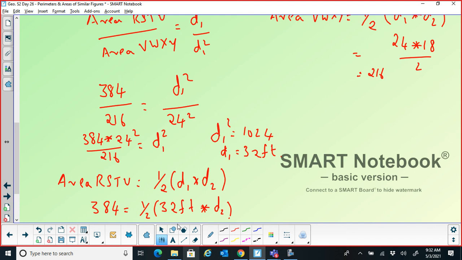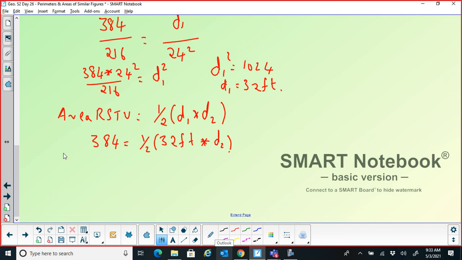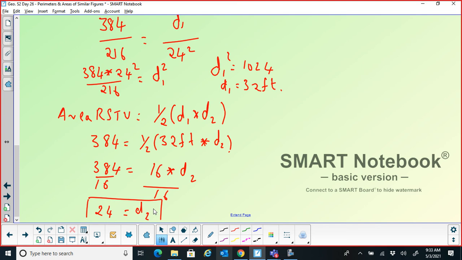Let's simplify this. 384 equals 32 divided by 2 is 16, so 16 times diagonal 2. Dividing by 16 on both sides, 384 divided by 16 gives us 24. I hope this is clear to you. Let's move on to the next slide.